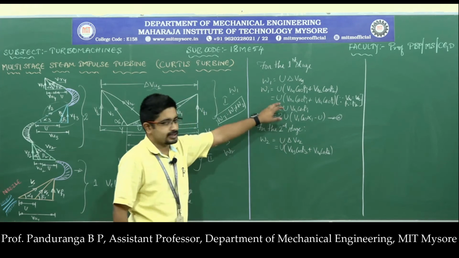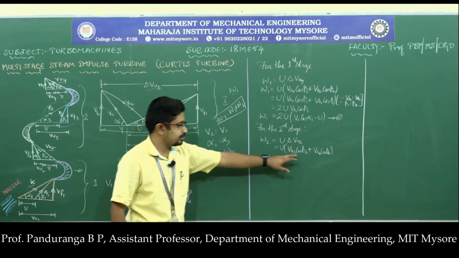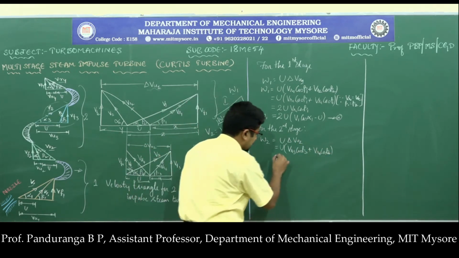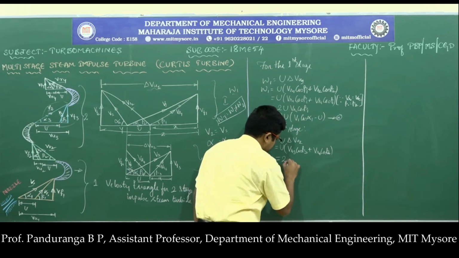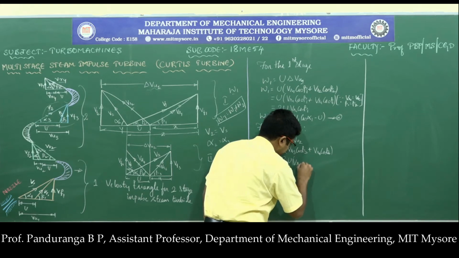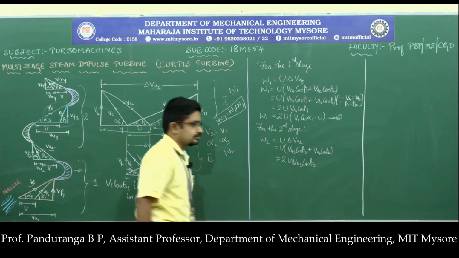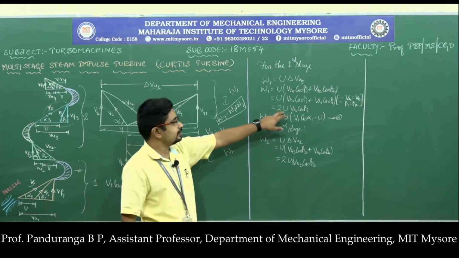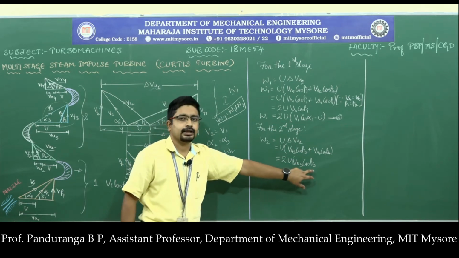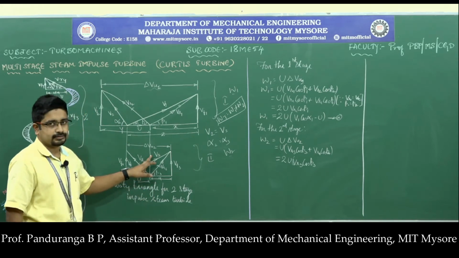And similar to the first case, we know that VR3 is equal to VR4 and beta 3 is equal to beta 4. So I will directly write it as 2 into U into VR3 cos beta 3. The equation is similar to the earlier one. Now I need to express VR3 cos beta 3, that is A, in terms of V3.